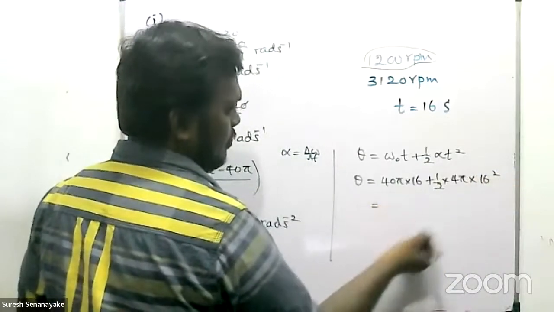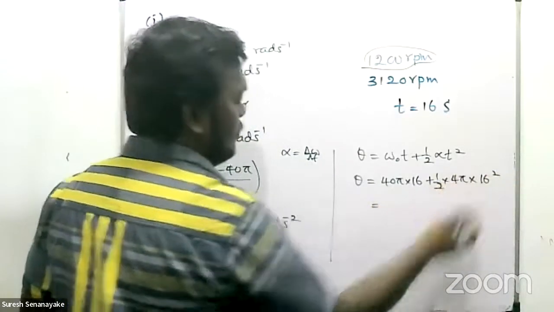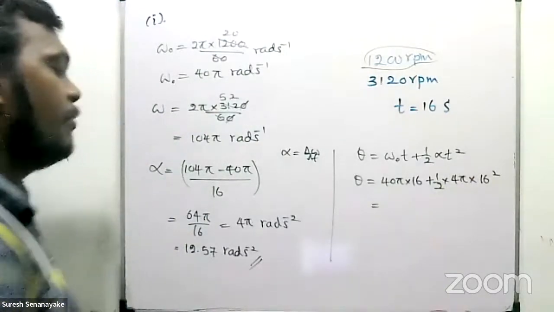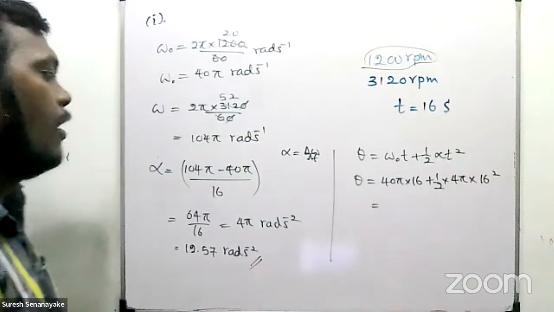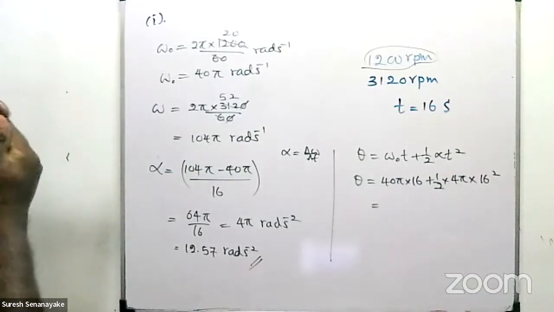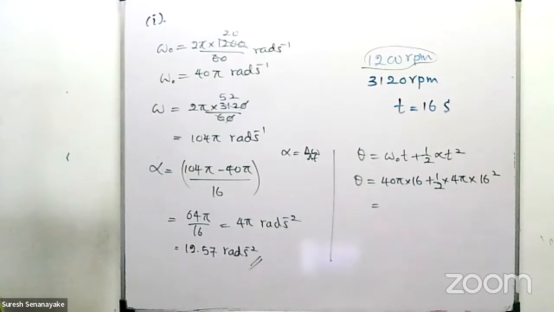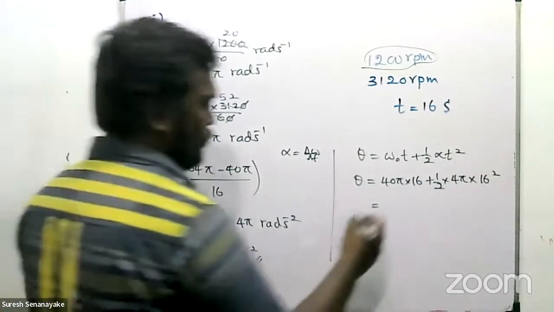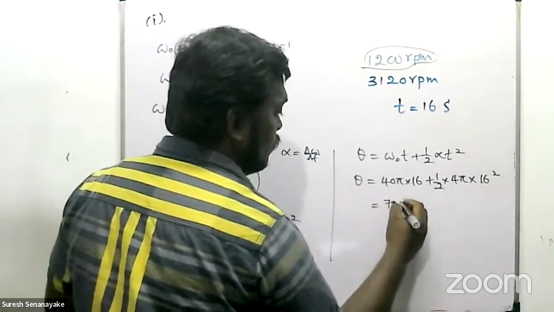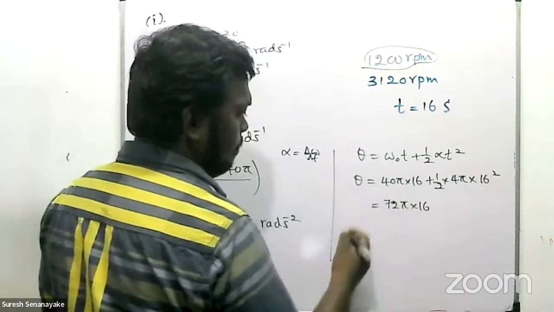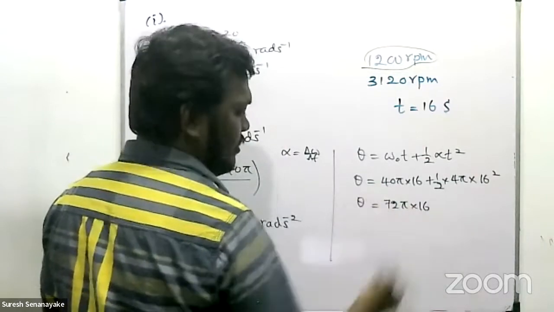And then the 2 cancels, giving 72 pi into 16.